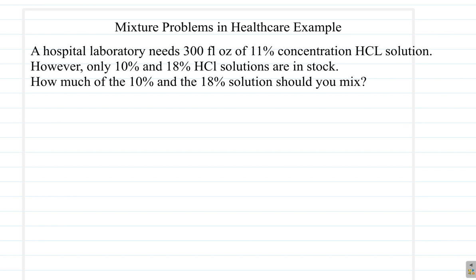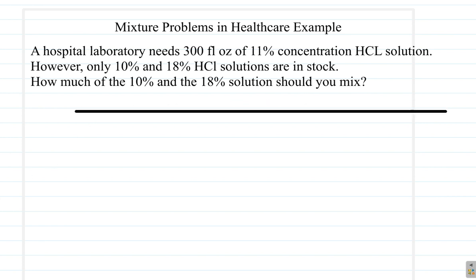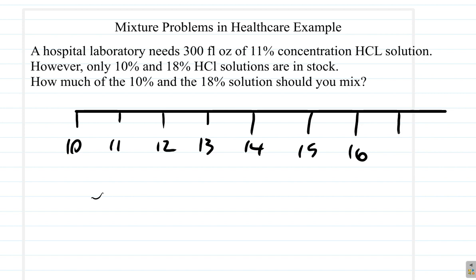Alright. Now, later on I'm going to make a few adjustments to this to study the question, but let us see something here. Let me make a scale here. We have 10%, we're moving up to 18, so 10, 11, 12, 13, 14, 15, 16, 17, 18%.